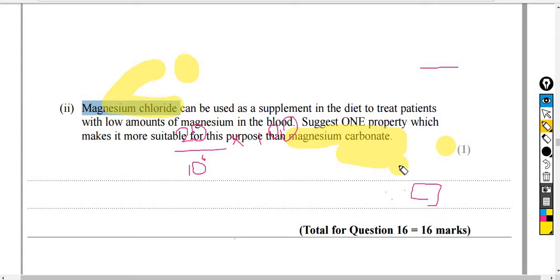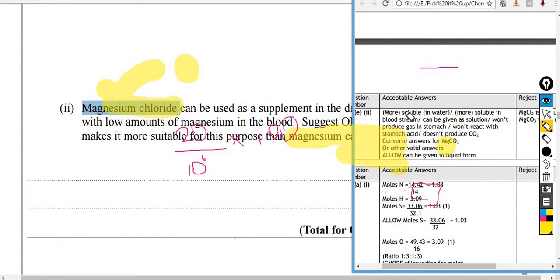So magnesium chloride is more soluble and can be given as a solution. It doesn't produce gas in the stomach, doesn't produce CO2. Something like that would give you full marks for this question.